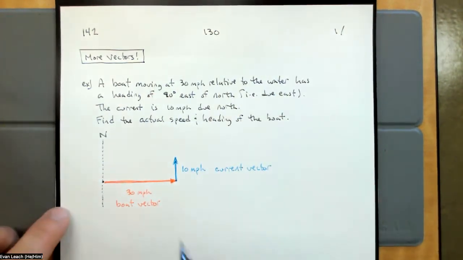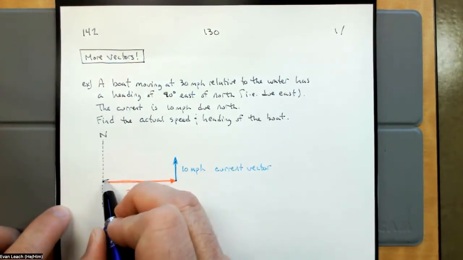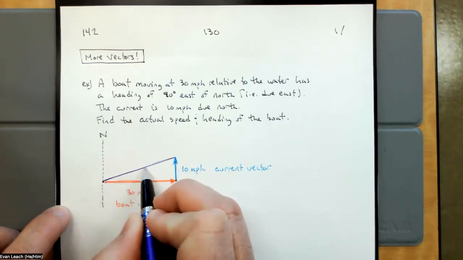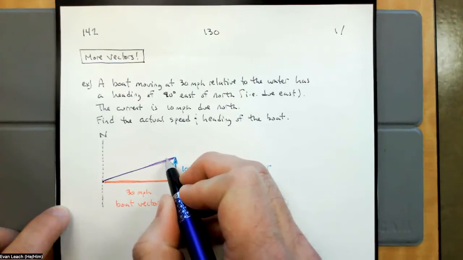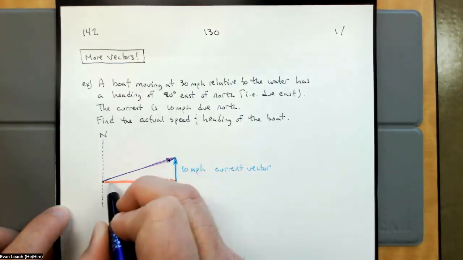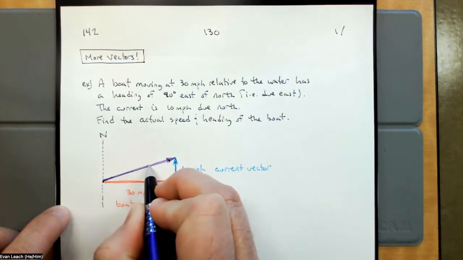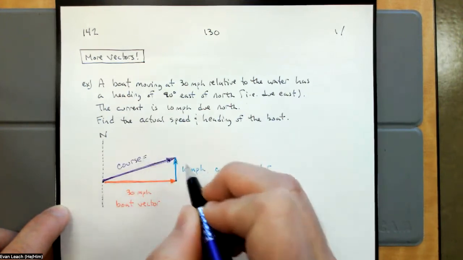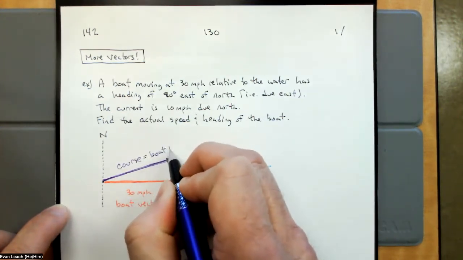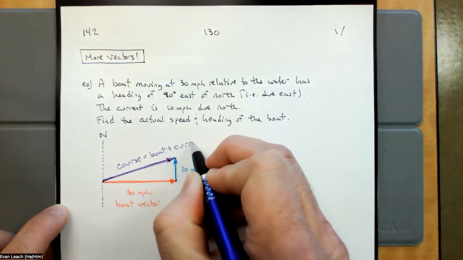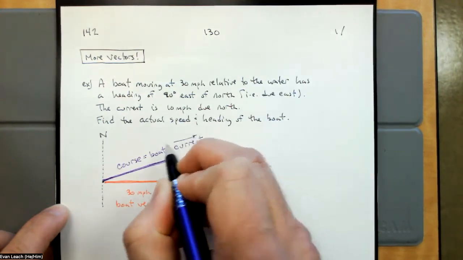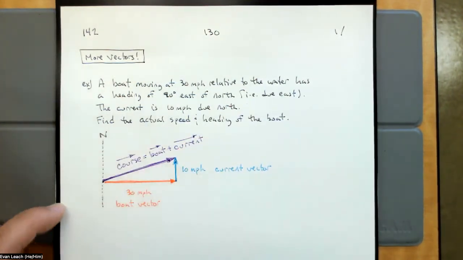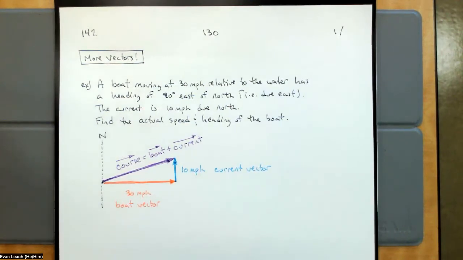And we've got the actual vector. So the course vector is just the boat vector plus the current vector.